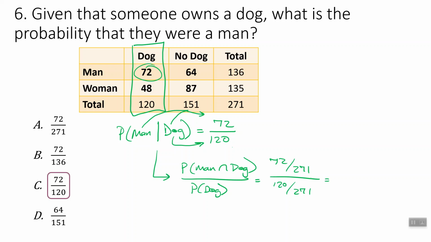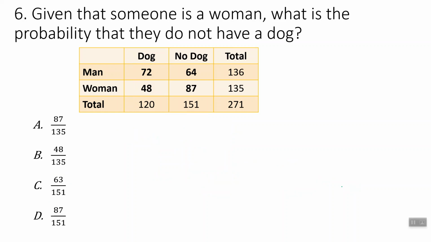The 271s would cancel, but you'd have to know how to do that with fractions. And we get 72 out of 120, the same answer, just a lot more work. So like I said, I like to just look at the chart and think my way through it. But if you like using the formulas, you can use the formulas. Both ways work.